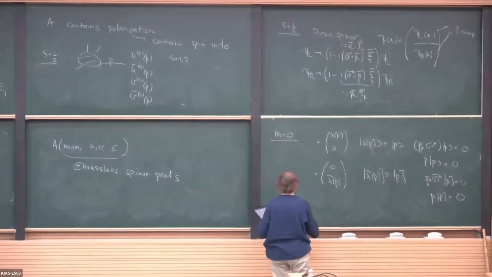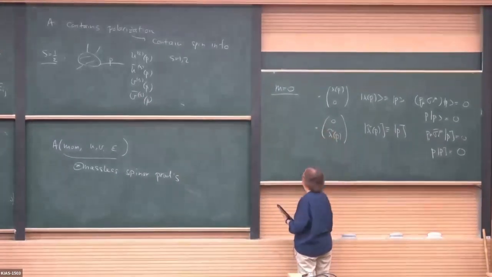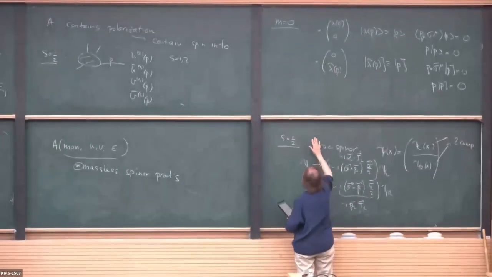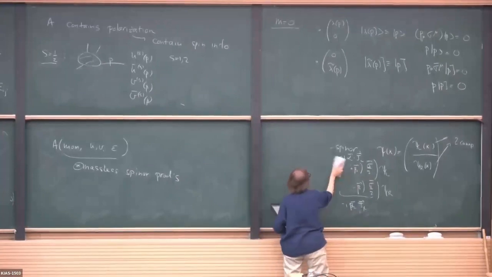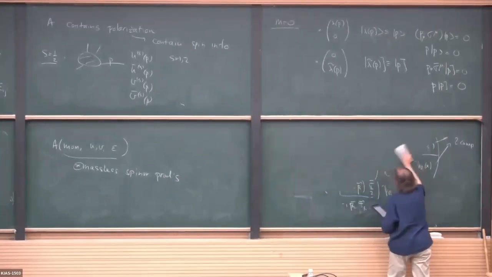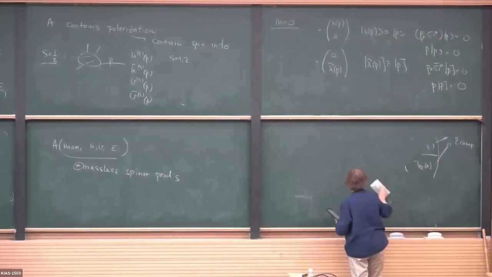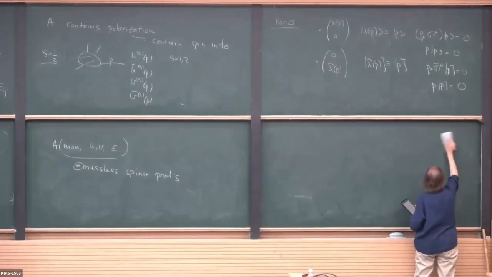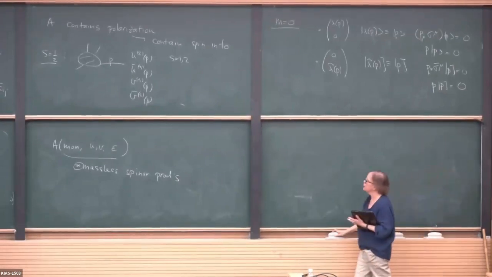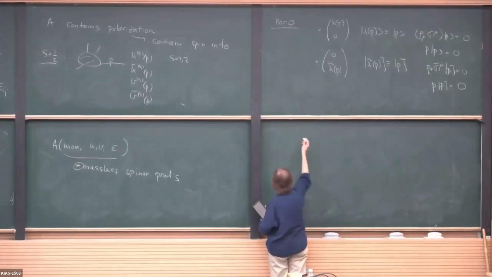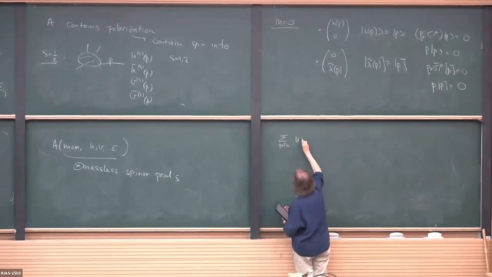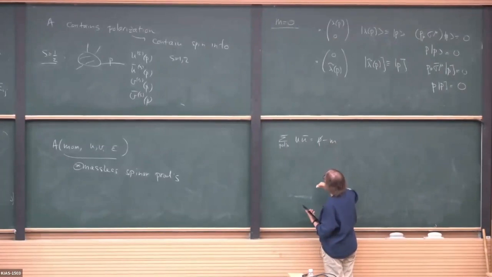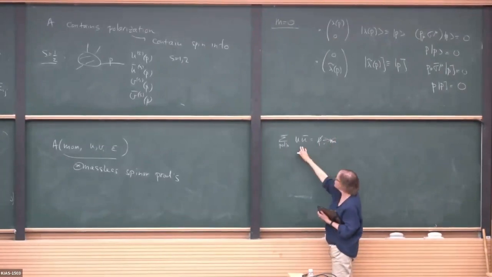Spinors are easy. Then the second thing that we want to do is write momenta in terms of spinors. So let's do that. You're used to that in any QFT class, where you sum over polarizations, u ubar equals P slash minus m. This is now just the massless case.